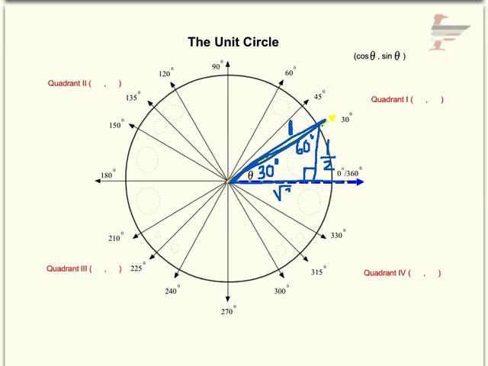However, I cut that in half also. So now, if I wanted to get to this terminal point here, where my terminal ray meets the circle, I would have to go, let me use my laser here, from the origin I would go to the right pi over 3 units and up 1/2 units, and that would be my coordinate point.